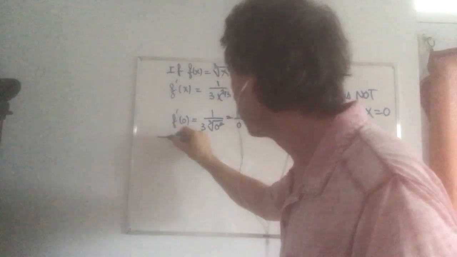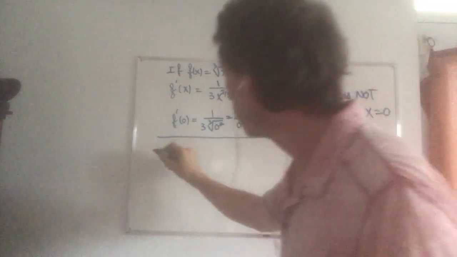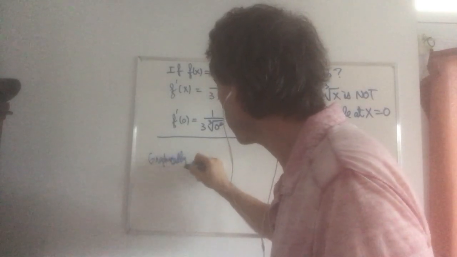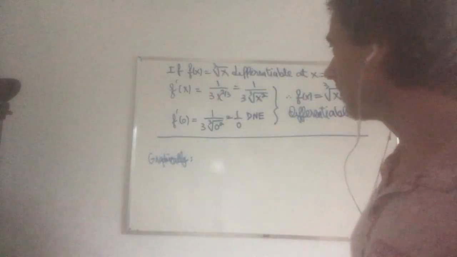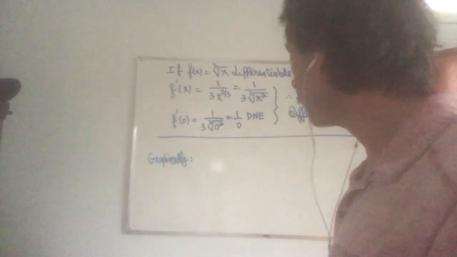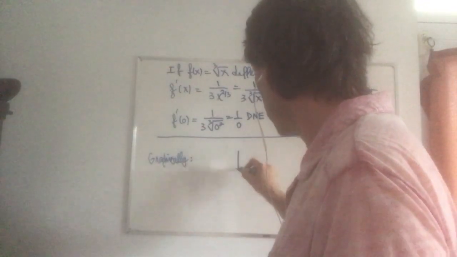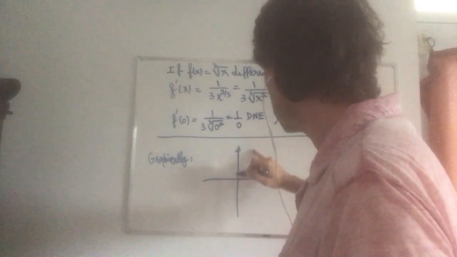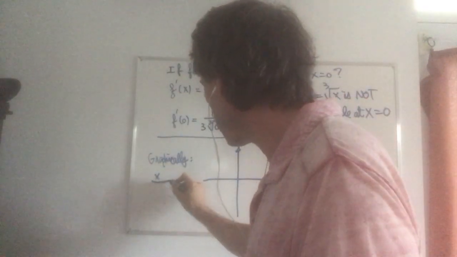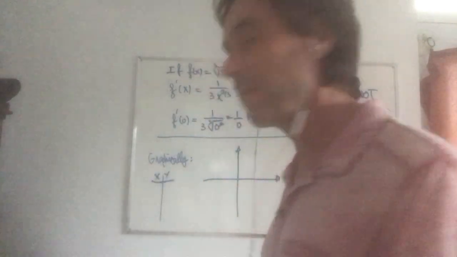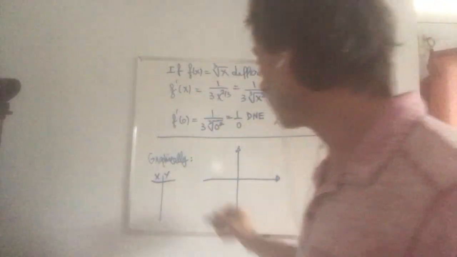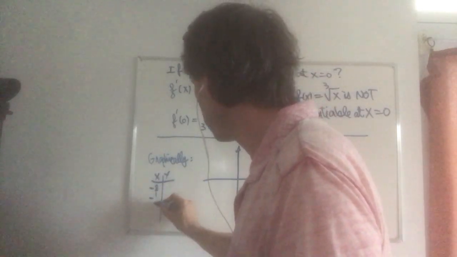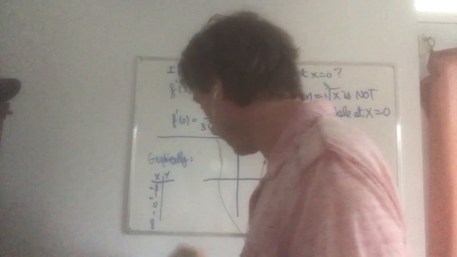Now, graphically, what does that mean? What is the graph of f of x equals the cube root of x? It's going to look like this, more or less. If you don't know, give yourself a table of values. Take intelligent values of x, for example -8, -1, 0, 1, and 8.